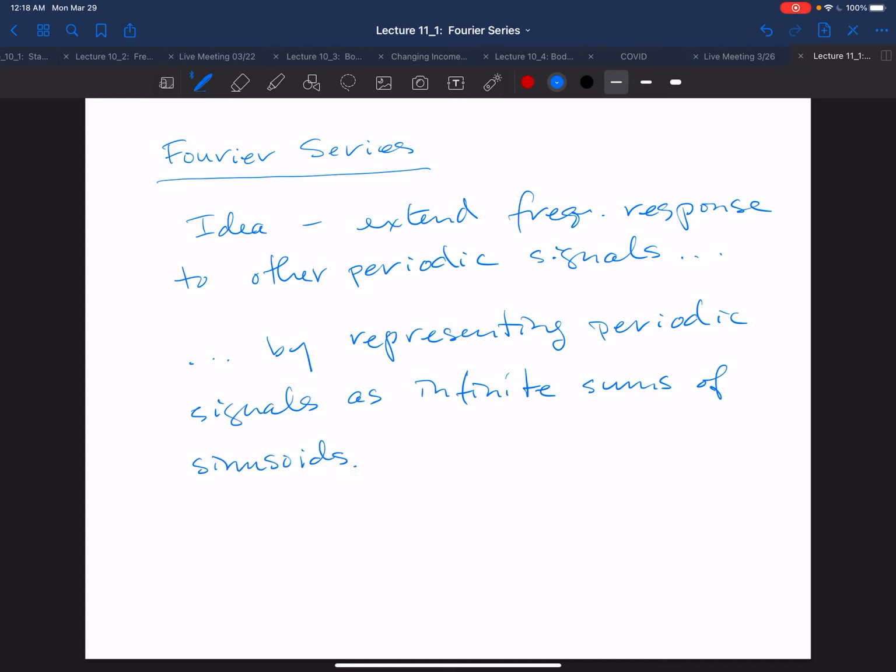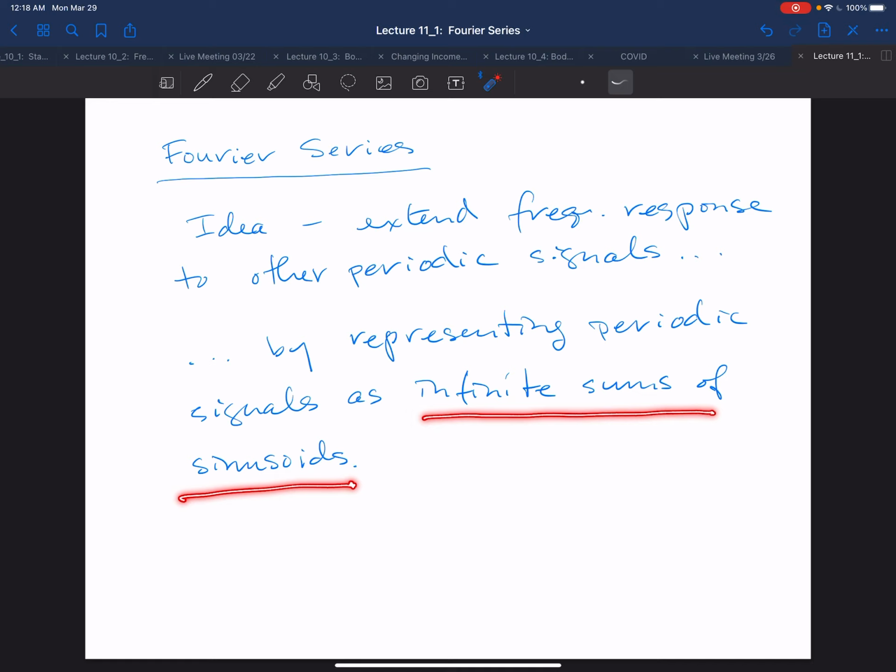That extends our work on frequency response because we can easily find the responses of an LTI system to sinusoids of various frequencies. We know that the amplitude is simply multiplied by the modulus of the frequency response, and the phase of the sinusoid undergoes a shift equal to the angle of the frequency response.